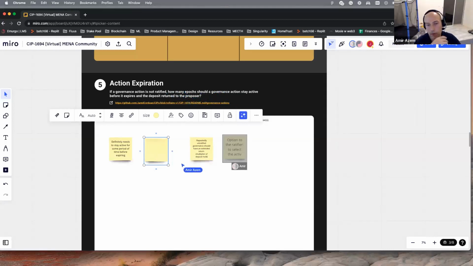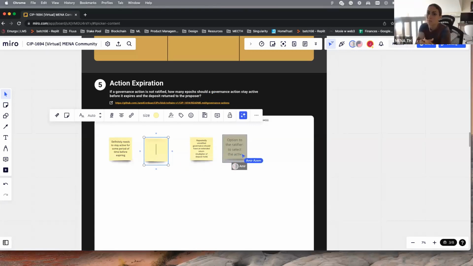In that case, yeah. Some people say immediately, like my first initial reaction was, if I put in a proposal and it didn't go through, give me my funds back right away. You know, it didn't go through.